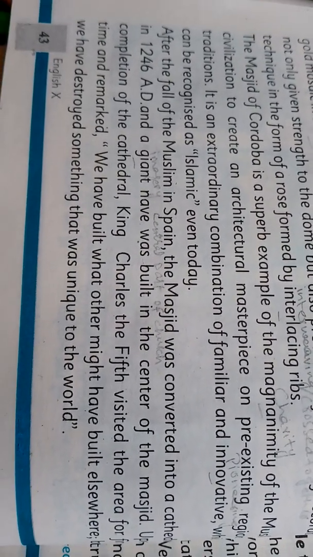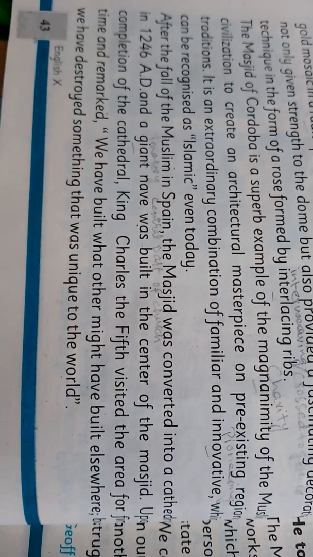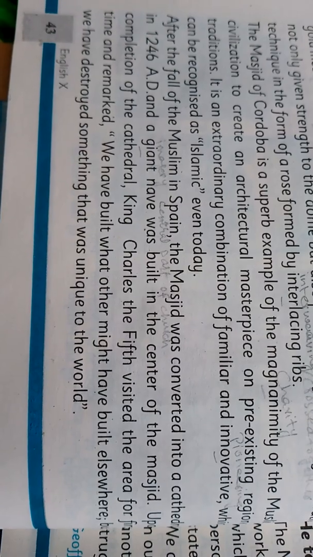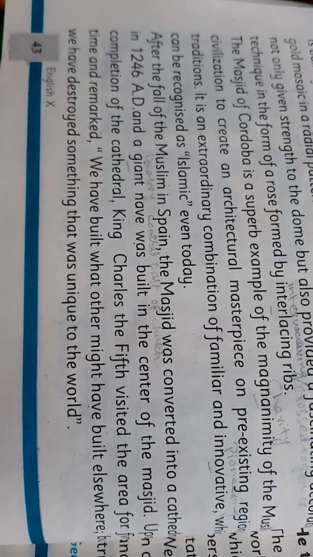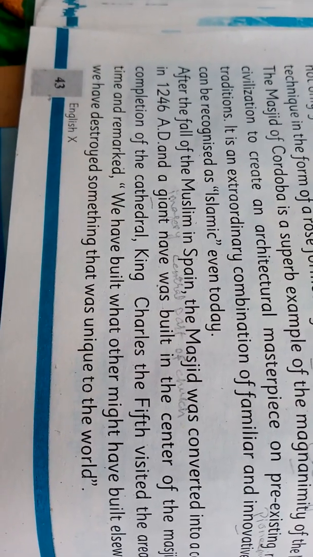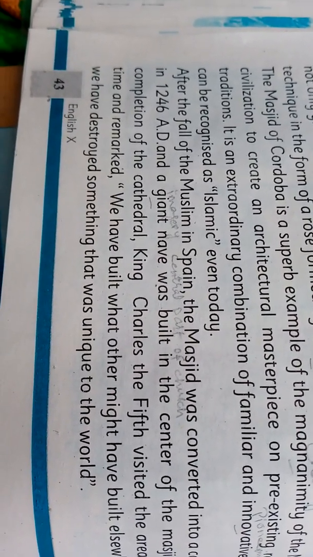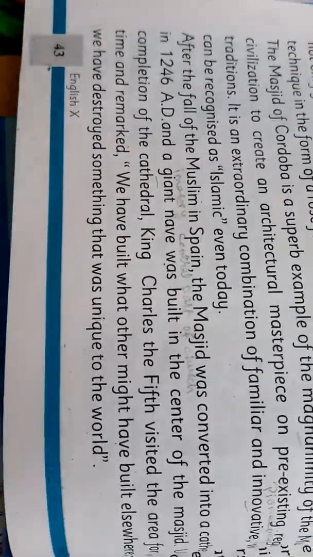After the fall of the Muslims in Spain, the masjid was converted into a cathedral in 1246 AD, and a giant nave, meaning the central part of a cathedral, was built in the center of the masjid.